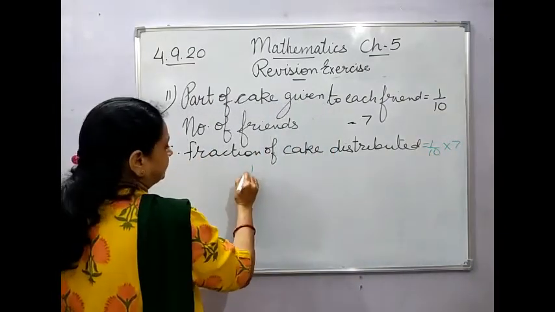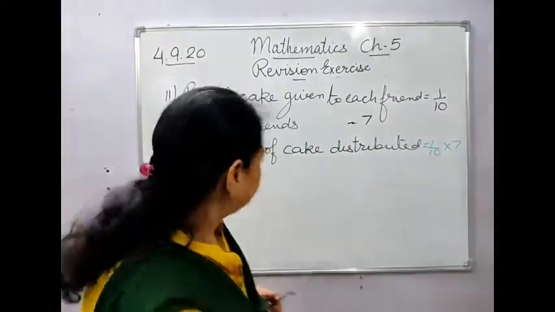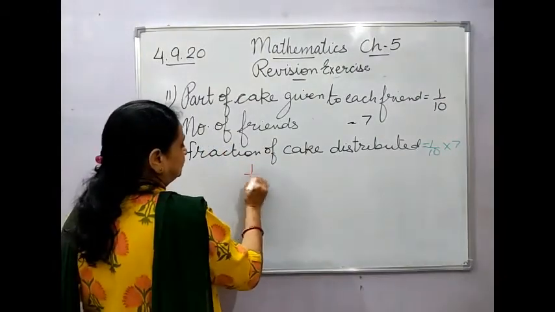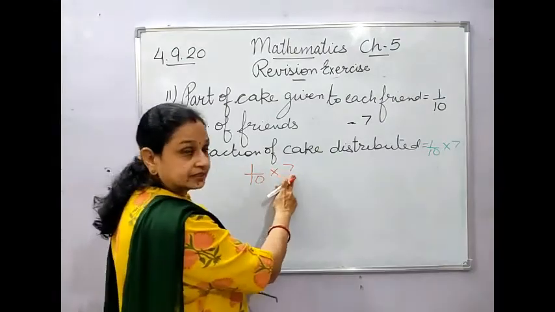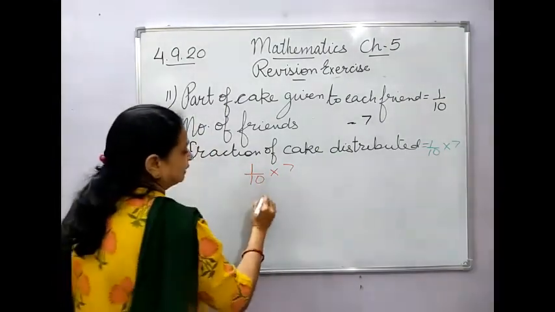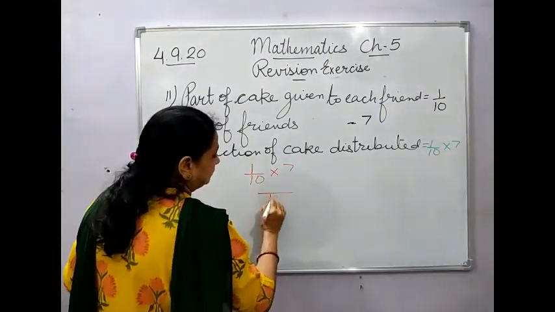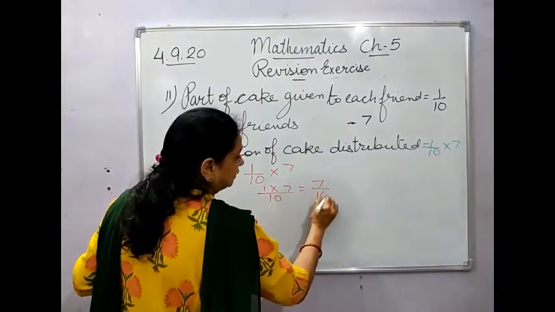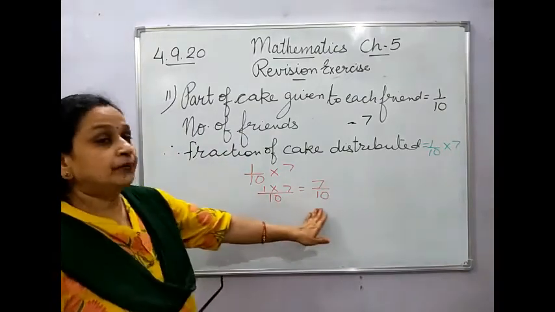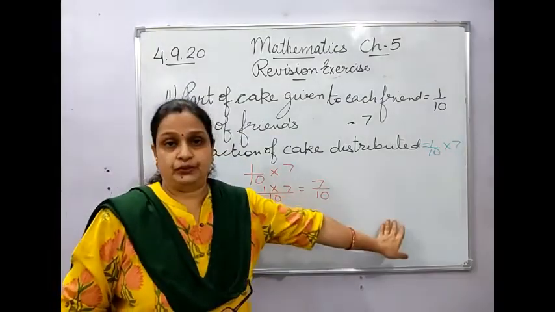So we bring it down over here. 1/10 into 7, 1/10 times 7 friends. Now this is multiplication, the denominator will remain the same. So it will be 7/10. That is 7/10 fraction has been distributed.